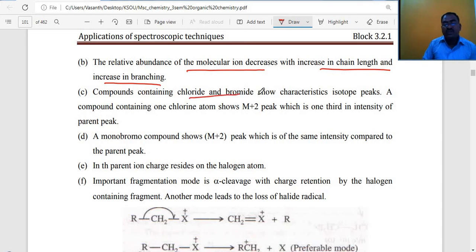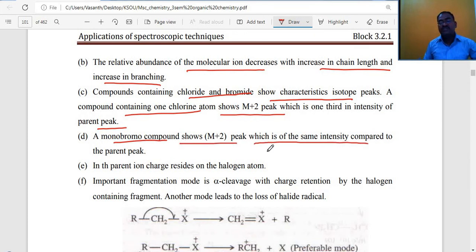Compounds containing chloride or bromide show characteristic isotopic peaks. A compound containing one chlorine atom shows an M+2 peak which is one third in intensity of the parent peak. A monobromo compound shows an M+2 peak of the same intensity as the parent peak.